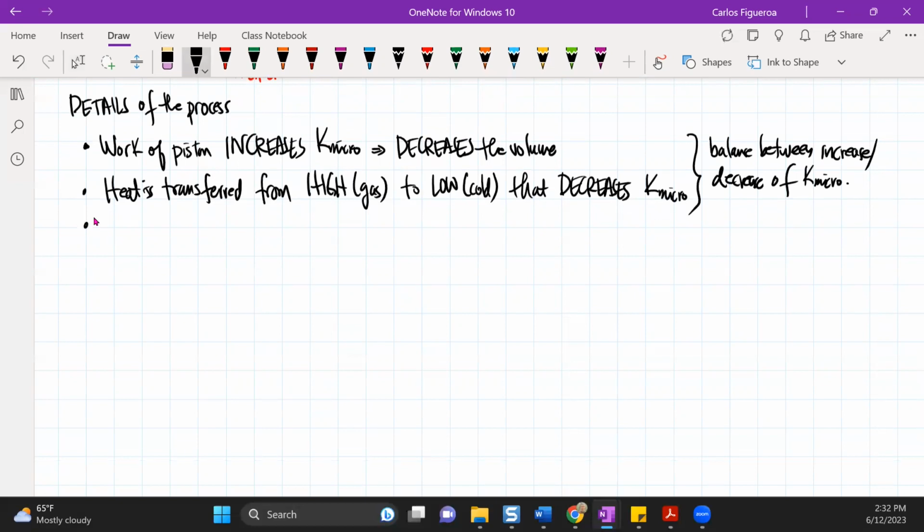So then if I go on a PV diagram, what do we see here? Well, it's going to look something like this. So if I have my state 1 here, and I have my state 2 out here, then the process goes opposite.